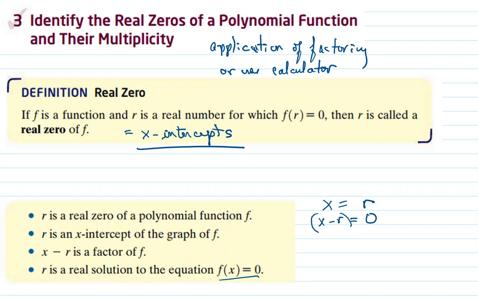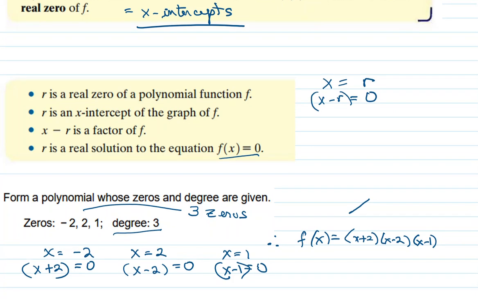And it talks about r as the value of the zero. Depending on what book, it's x equals r. So if we wanted the factor of it, we would subtract r from both sides and have the factor that created that item, that zero.